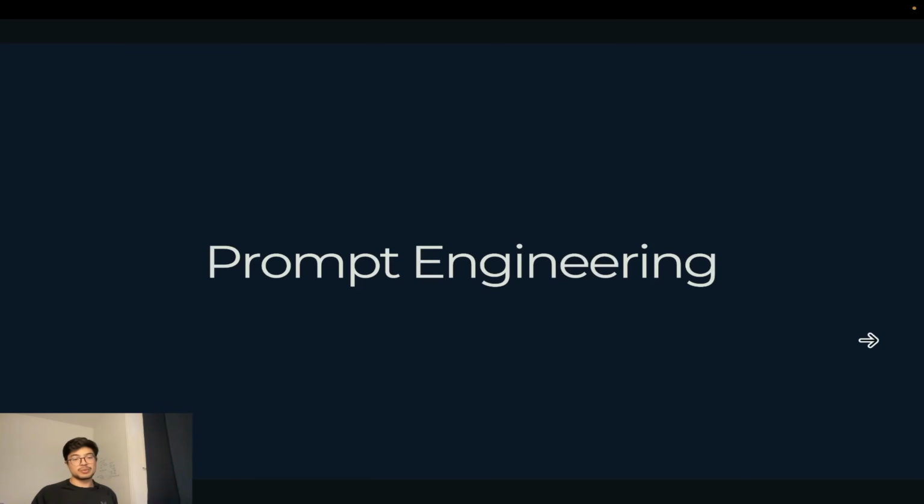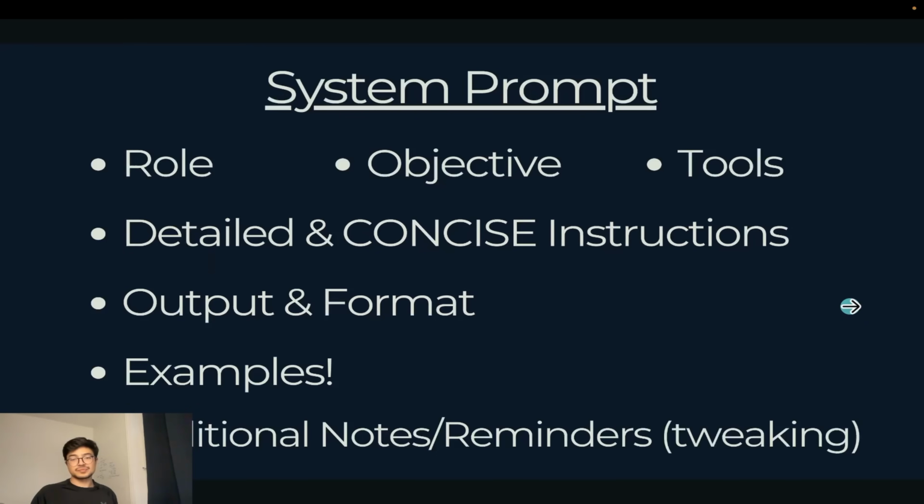And then you have to worry about prompt engineering, because one of the reasons why your agent is not going to perform properly is because of the prompt you give it. Super important to know how to prompt these language models and agents. This is a framework that you can follow as the system prompt for your language model: role, objective, tools, instructions.